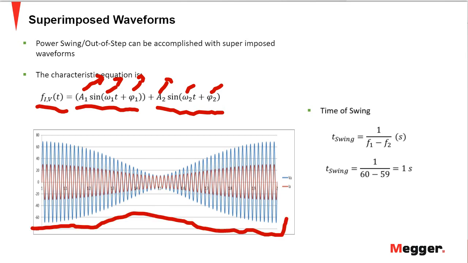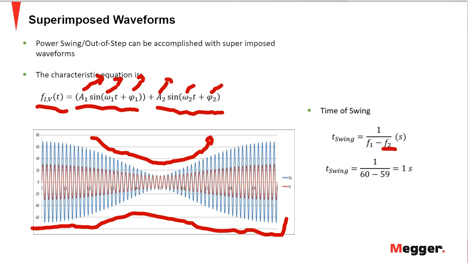If both frequencies were the same, then I wouldn't get this oscillation right here. But since precisely what I'm trying to simulate is a difference in frequencies, because one of the frequencies is going to be the system frequency, that's your infinite bus. On the other side, I have the frequency of the receiving end, let's call it the generator under investigation, the one that's suffering the power swing.